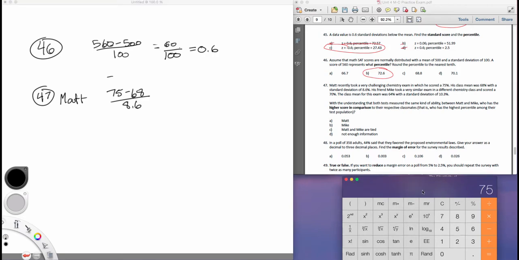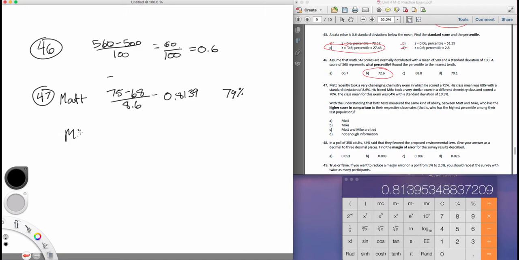So 75 minus 68 divided by 8.6 gives us his z-score of 0.8139. So I'll just put it right there. Now if we go calculate that on our table, a 0.81 z-score will give us roughly 79%, or the 79th percentile.